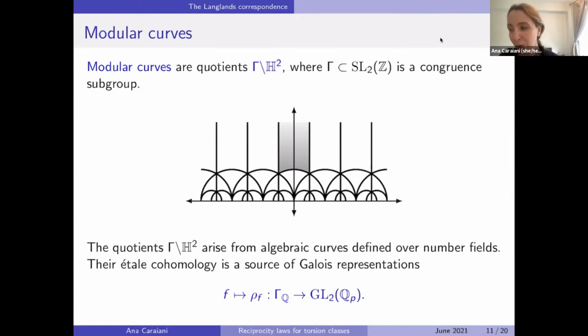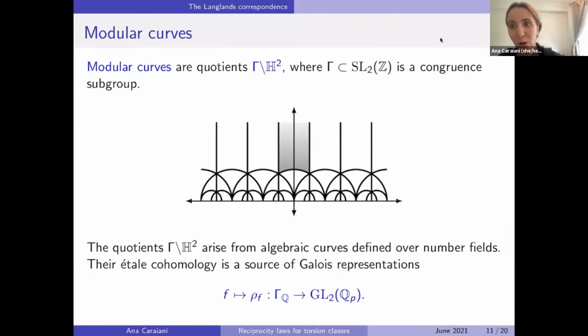And so this allows you to start out with a modular form, but really view it as some kind of differential form on one of these quotients, then view it as contributing to the de Rham or maybe then singular cohomology of the modular curve, and then compare with the étale cohomology and find the Galois representation in there.